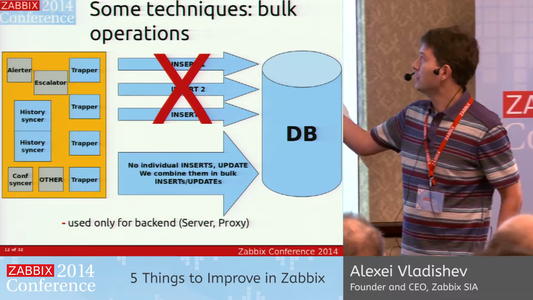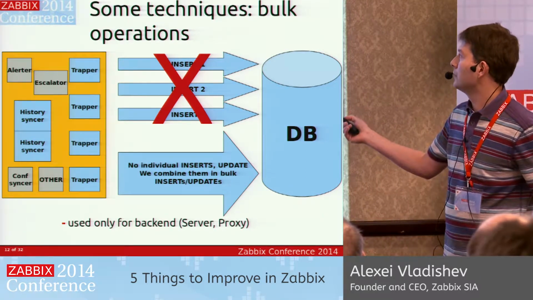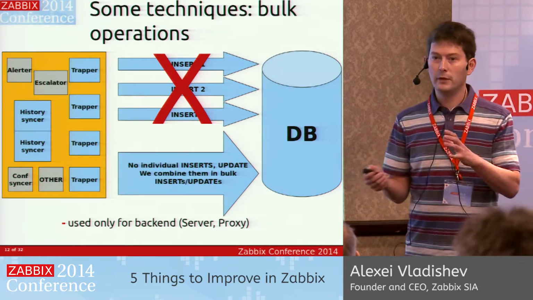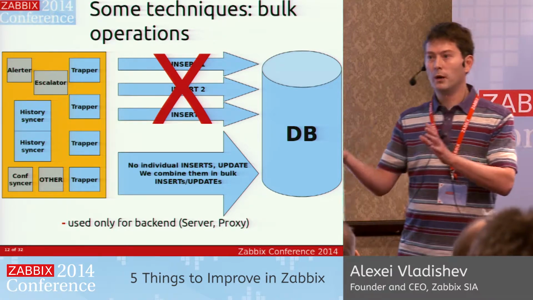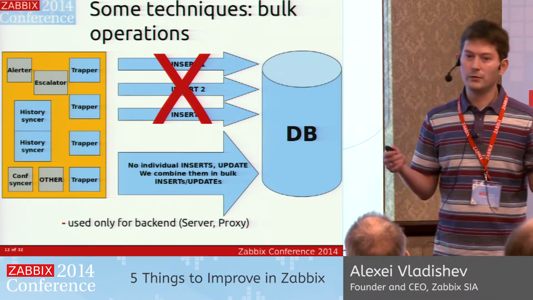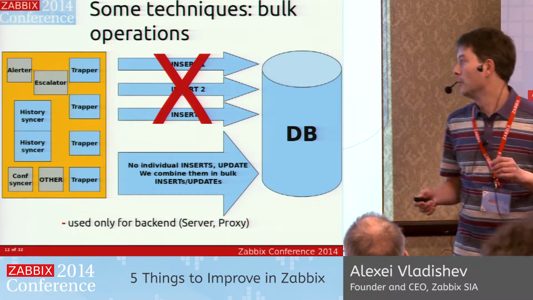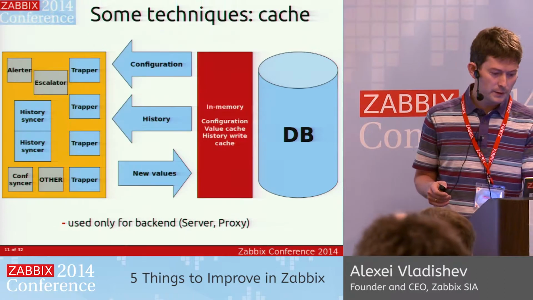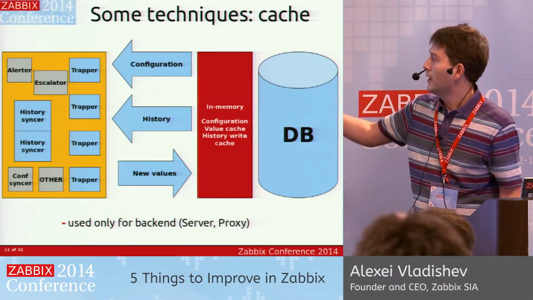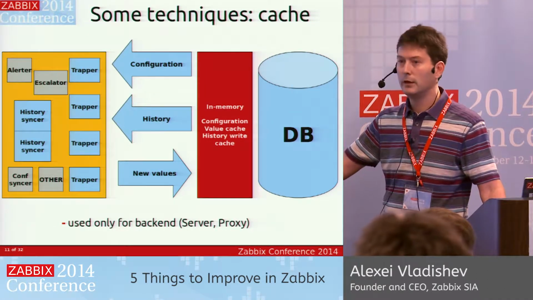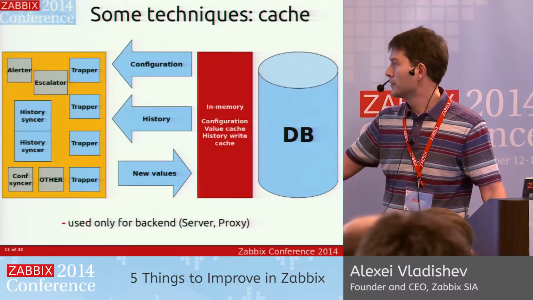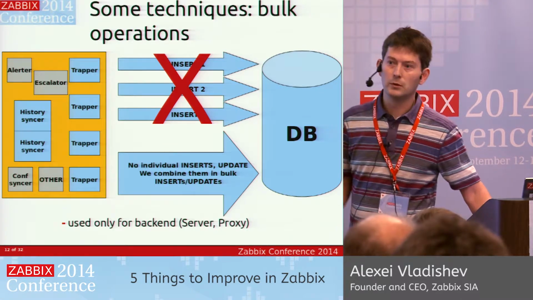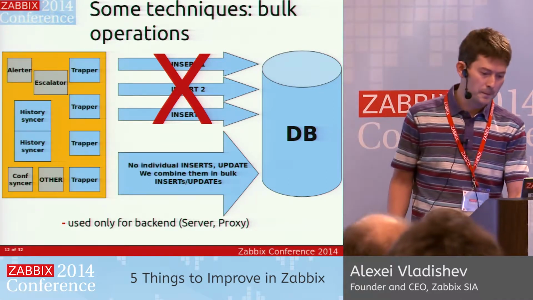For example, instead of doing multiple inserts or multiple updates to the database, we try to combine them and do them as one bulk operation, and it really gives us much better performance. Unfortunately, we use the caching only for the backend on the Zabbix server and Zabbix proxy side, and the bulk operations are also only implemented on the Zabbix server and Zabbix proxy side.